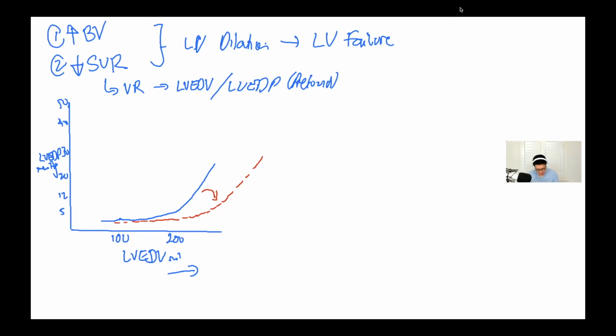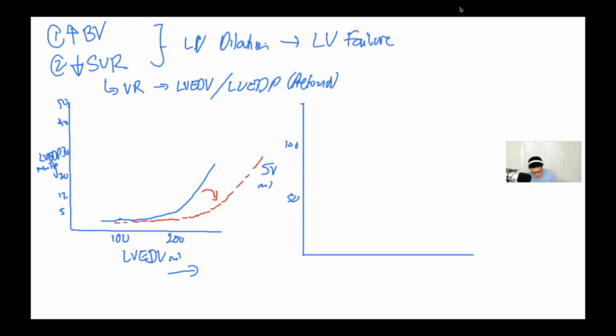Now, if we look at it in terms of the cardiac function curve, again, we've got stroke volume here on the y-axis. And if you want to know how to think about this, normal ejection fraction is about 50%. So normal stroke volume, if you say that your left ventricular end diastolic volume is between 100 to 200, should be between 50 to 100 mils.